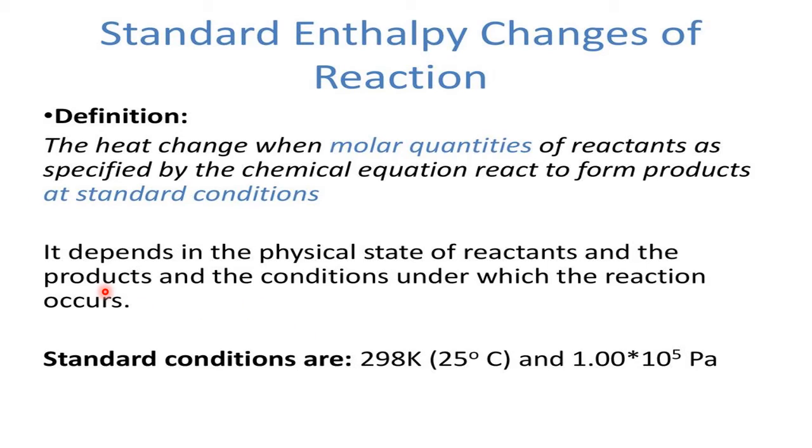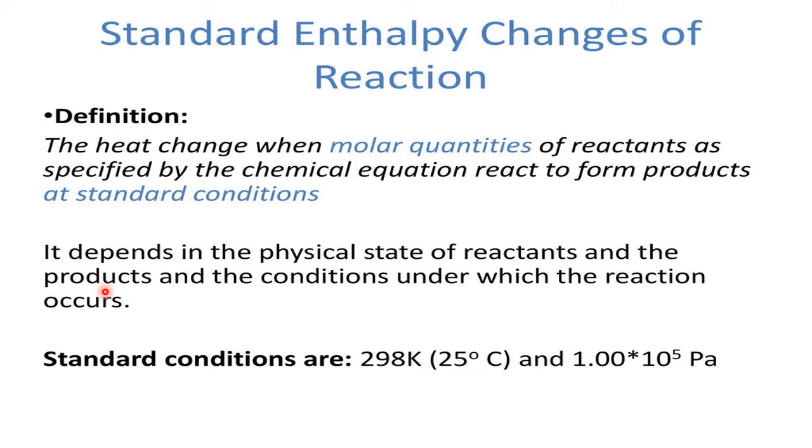Okay, right. Now what we understood is reaction enthalpy, or change in enthalpy of a chemical reaction, delta HR. Now, if you carry out this reaction in any condition, or if you carry out the reaction under standard condition, what is standard condition? All the reactants and the products must be in the pure condition, 100% pure.